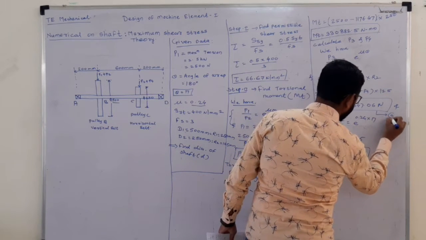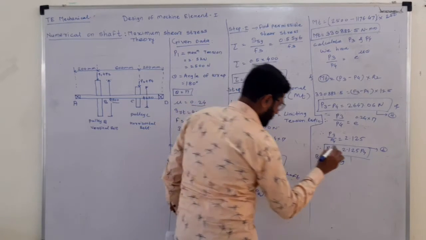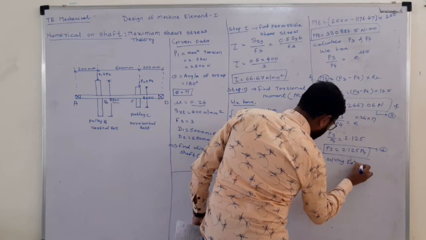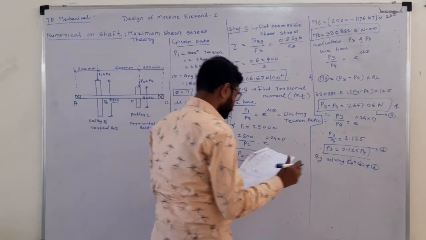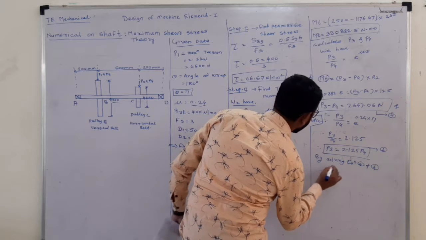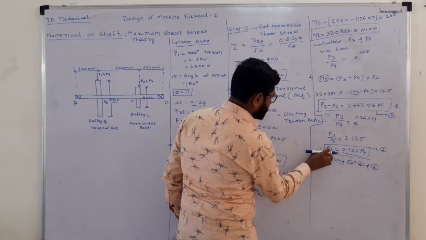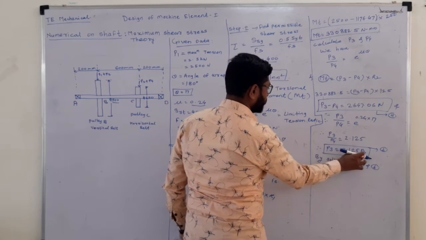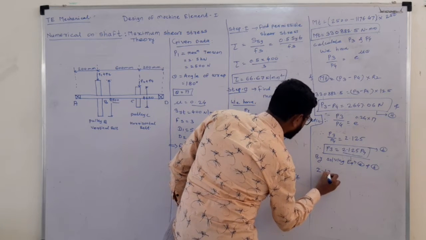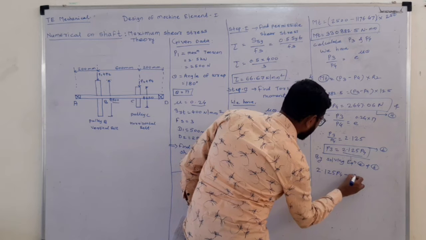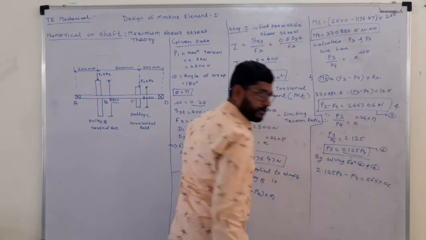Call this equation as A and the second equation as B. By solving equations A and B, just put the equation for P3 equal to 2.125 P4 into equation A, that is 2.125 P4 minus P4 is equal to 2647.06.